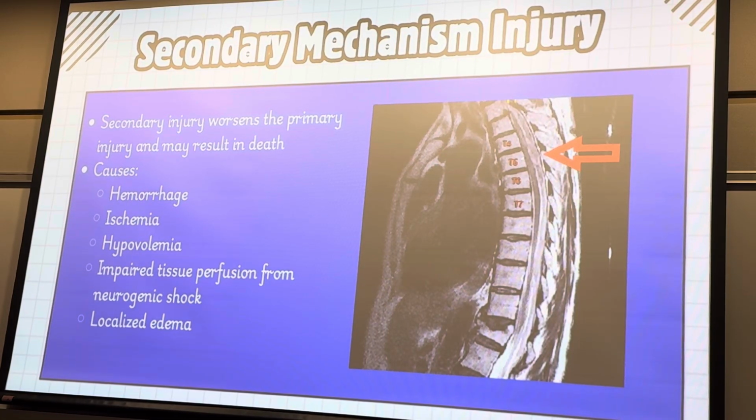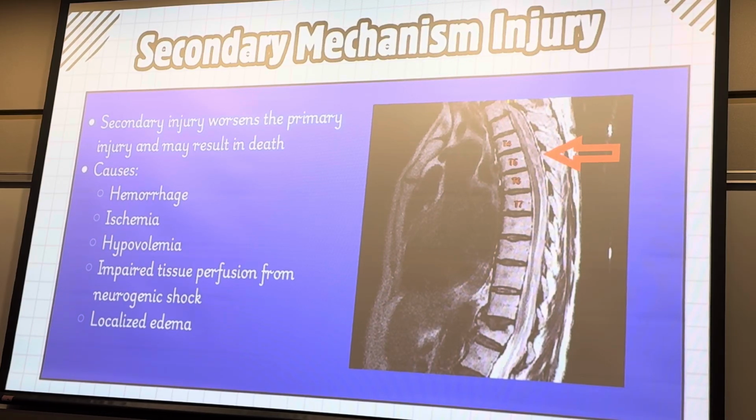Secondary mechanism of injury. Remember, these are types of things that are caused by that primary injury. So no direct impact or direct force that's applied to the spinal column itself, but something as a result of that direct force, something as a result of that primary mechanism of injury.